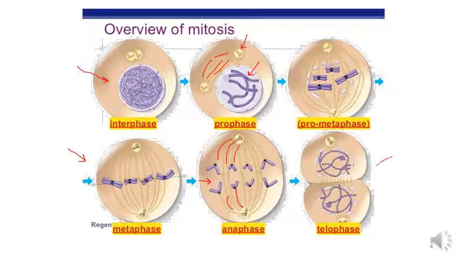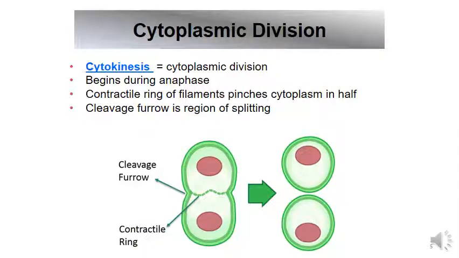If you look at telophase, it looks like the cell is trying to split into 2 after the DNA has separated. And in cytokinesis, the cytoplasmic division, more specifically the cell membrane is trying to split up. This really starts in anaphase. But really just know the definition of cytokinesis.